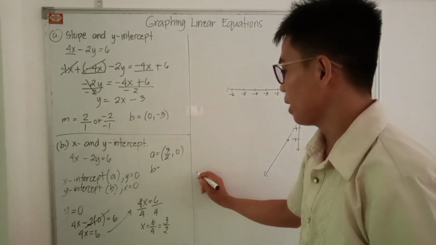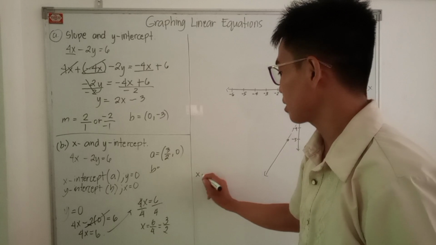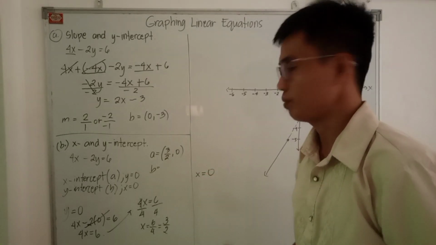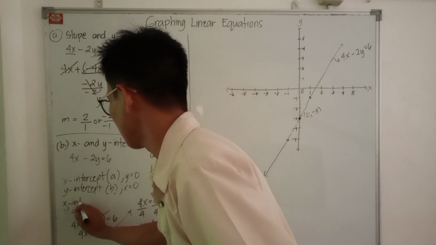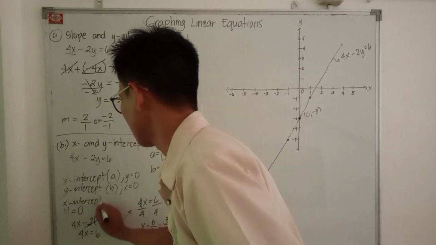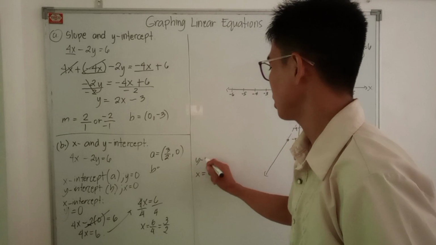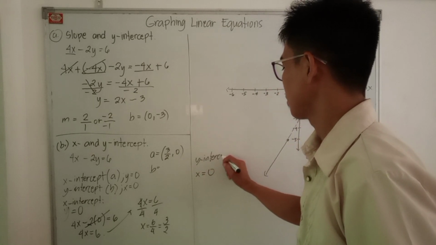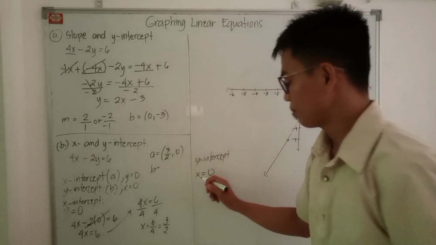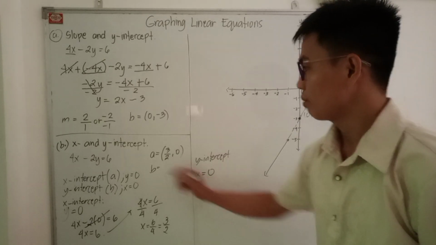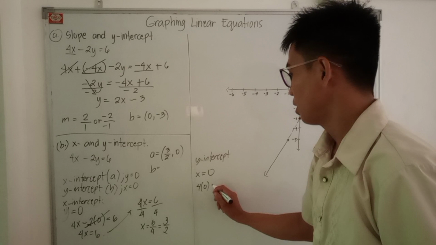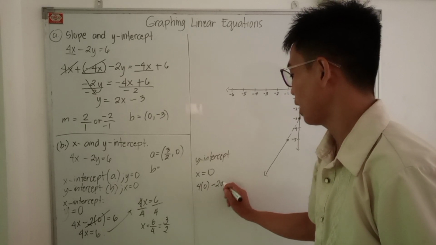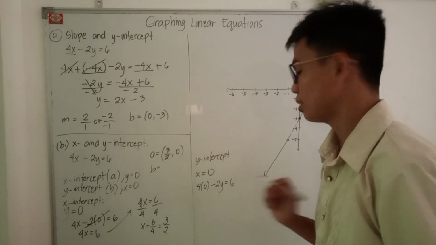So solving for the y-intercept, we have x equals 0. So, ito yung sa x-intercept. Ito naman yung sa y-intercept. So, substitution. Sa original equation, we have 4 times 0 minus 2y equals 6.